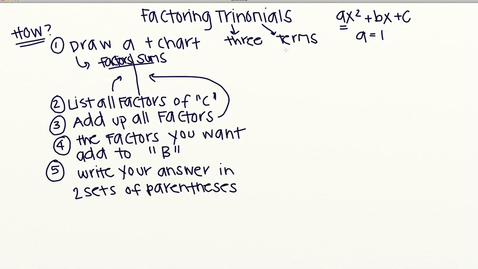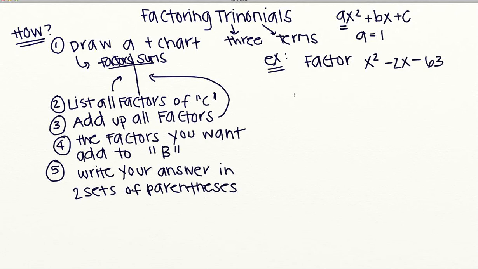Okay, so we have our process. Now let's look at some examples, because this is going to make more sense when we walk through some examples. So I want to do this problem. I want to factor, that's my directions, factor. And the problem I'm looking at is x squared minus 2x minus 63.